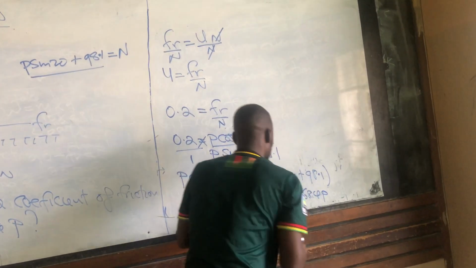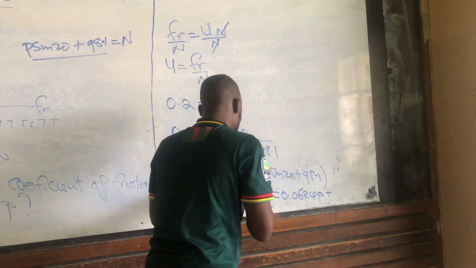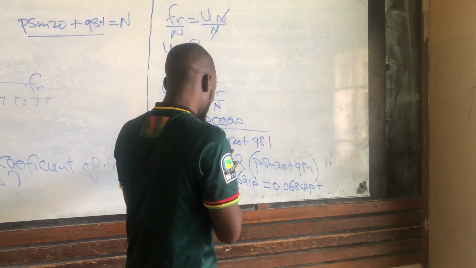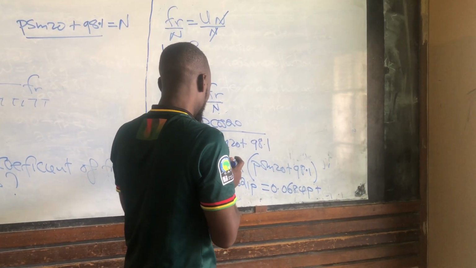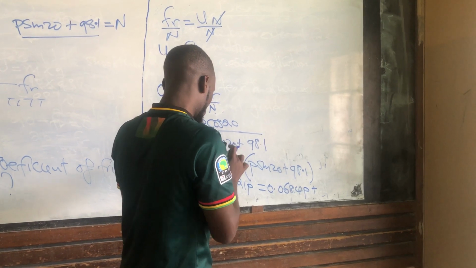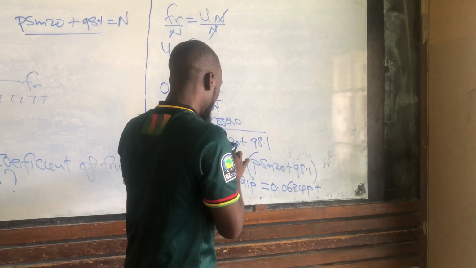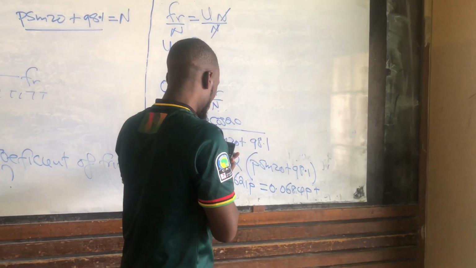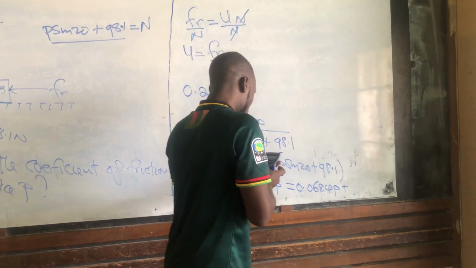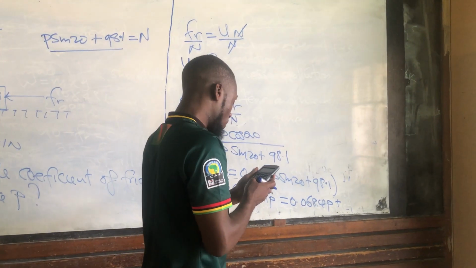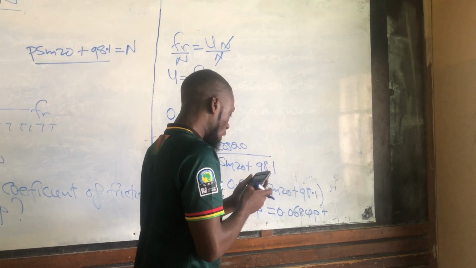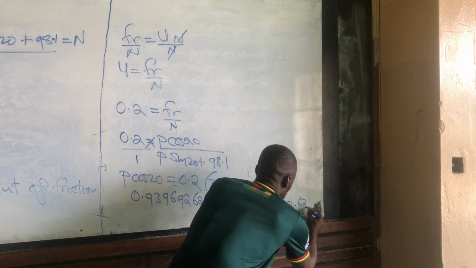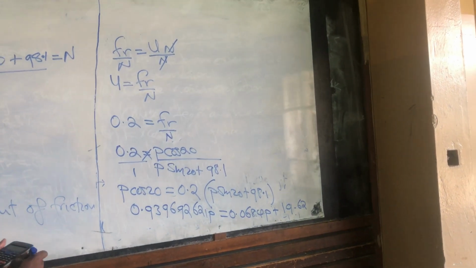P. Then plus, what is 0.2 multiplied by 98.1? 0.2 multiplied by 98.1, which is 19.62. Okay, 19.62 there.